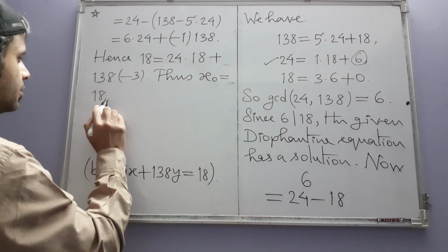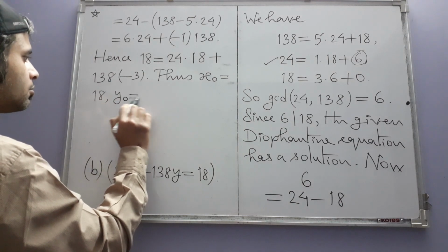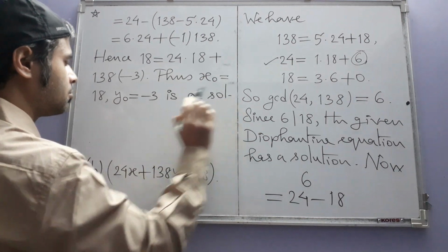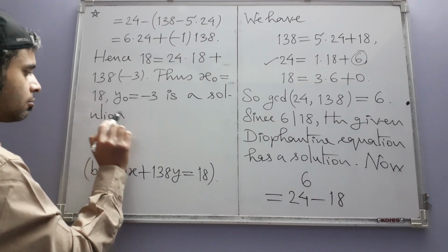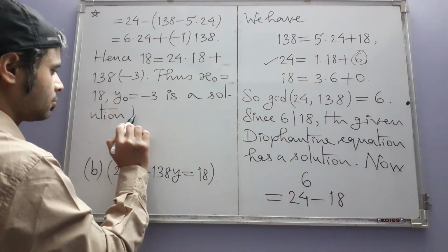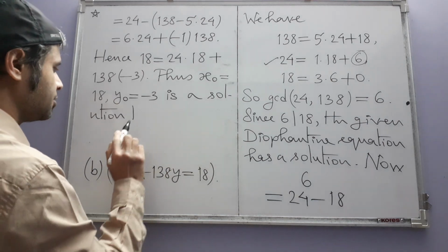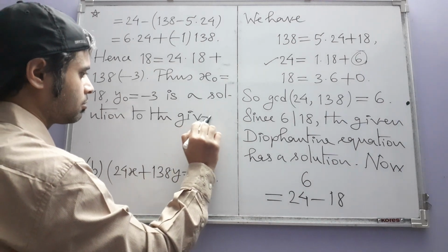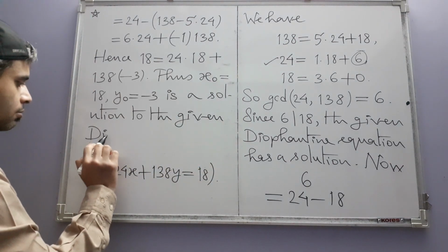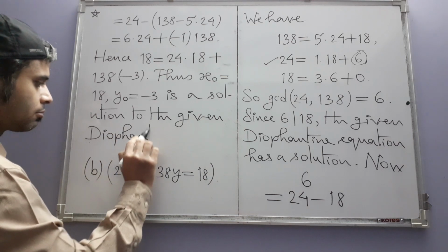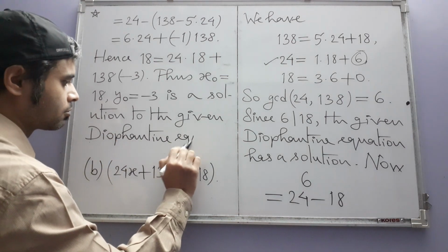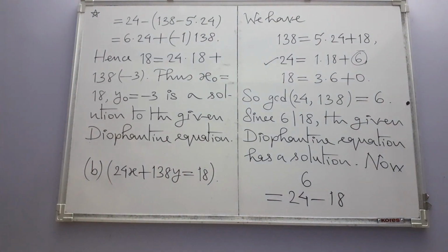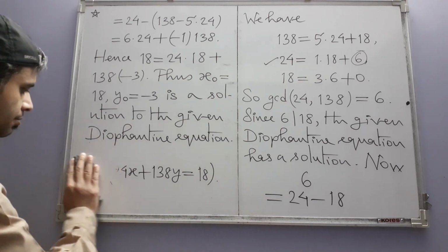So x naught is 18 and y naught equal to minus 3 is a particular solution to the given Diophantine equation. And now we write all the solutions.